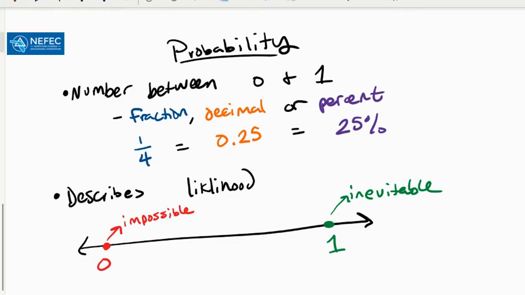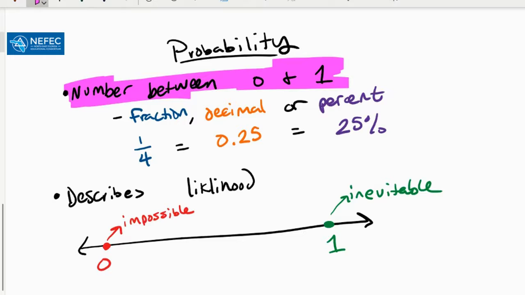So first of all, probability. When we're looking at probability numerically, we're looking at it as a number between 0 and 1. This number line down here shows the scale of what 0 represents and what 1 represents.